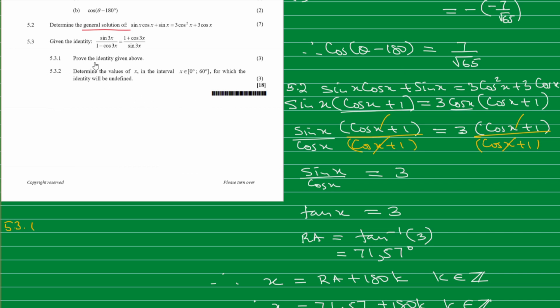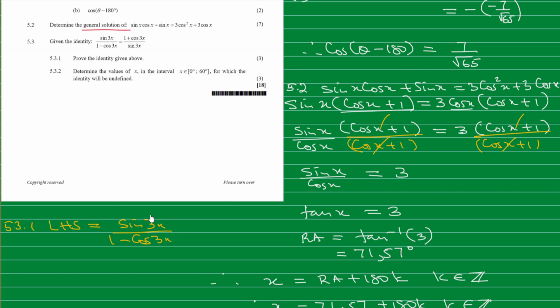Now the bottom line here is to take one side, as we do with every identity. We are just taking one side and proving that it is equal to the other side. So I can take the left hand side, which is sine 3x over 1 minus cos 3x.